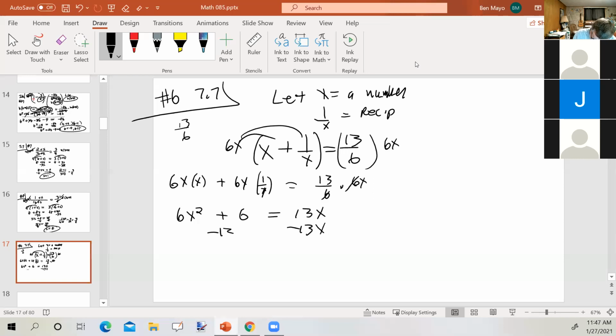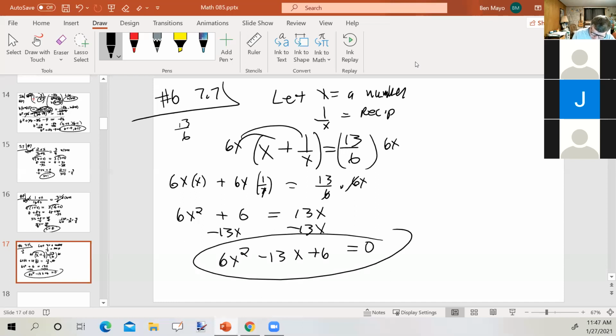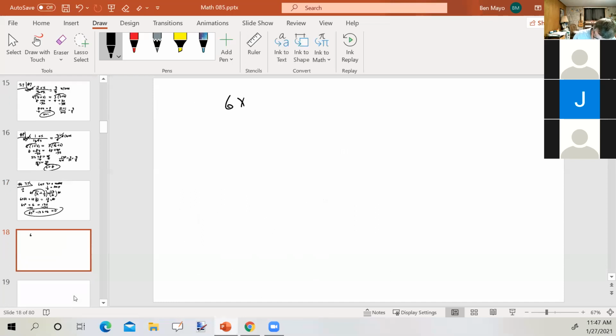Subtract 13x from both sides, and I have this equation. Okay? Any questions there? I'm going to recopy that equation on the next page. 6x squared minus 13x plus 6 equals 0.